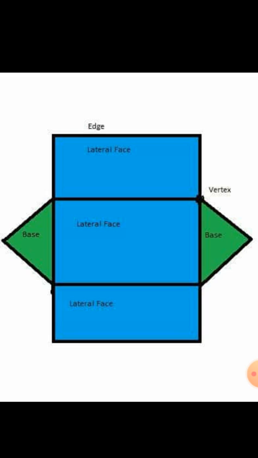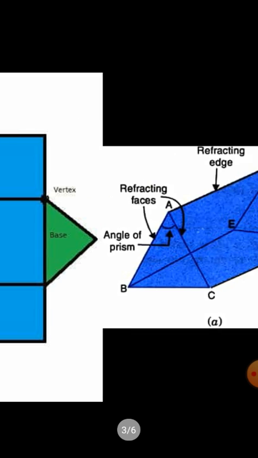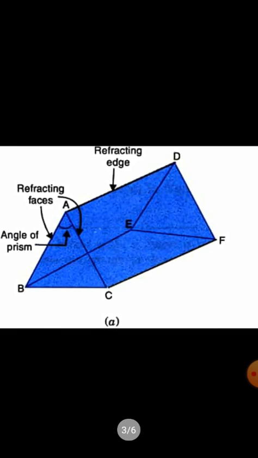The three rectangular surfaces are known as the lateral faces, and the two triangular ends are known as the base of the prism. Now, when you fold along the edges, you will get a model of the triangular glass prism like this.